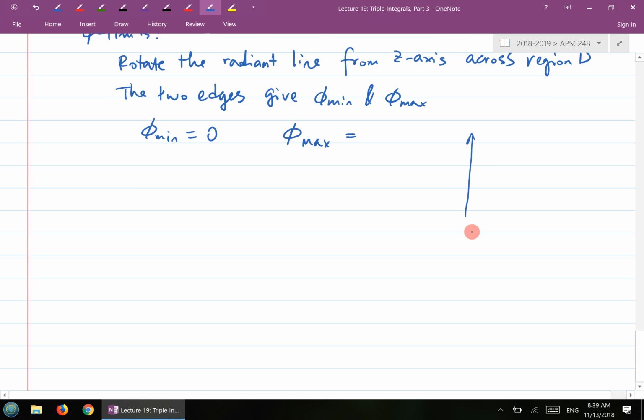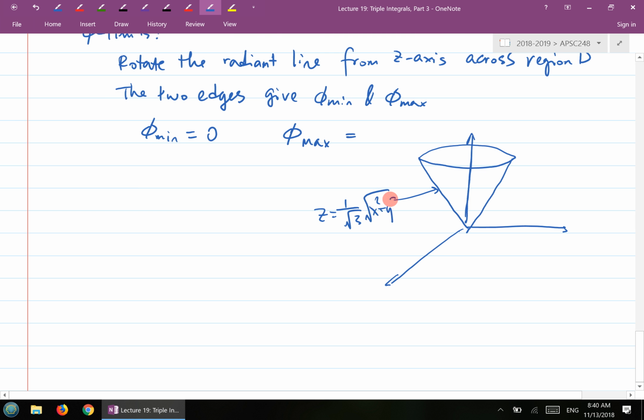We actually did that in the previous lecture. If I just draw the cone here, you have a couple of options to find this phi angle.